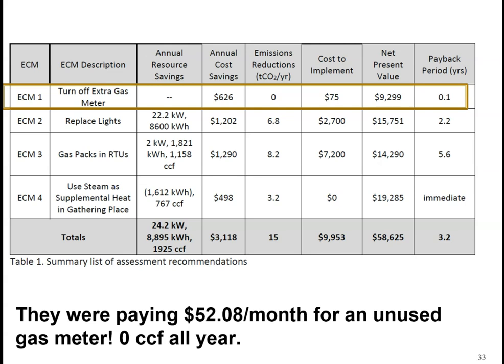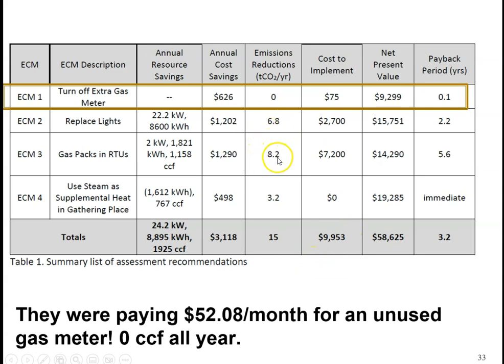The reason they had that is in case they wanted to rent out a different space in the building, but they just weren't going to rent it out. So they were paying over $600 a year for 0 gas use. This bill was totally just the customer charge and some taxes.